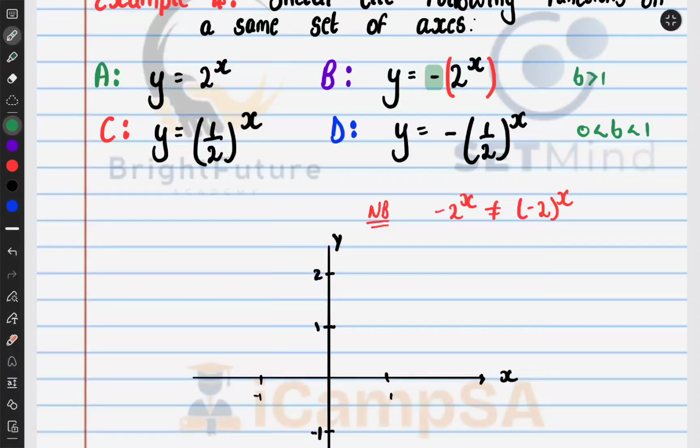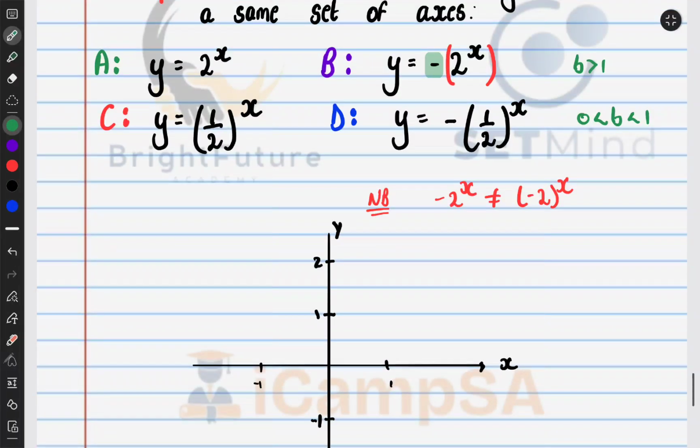For a, let's find the corresponding y values for x equal to negative 1, 0, and 1. The corresponding y values will be 1 over 2, 1, and 2.